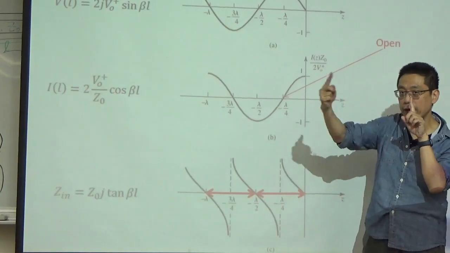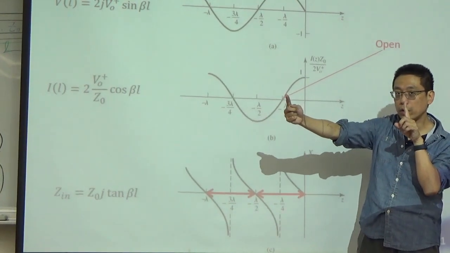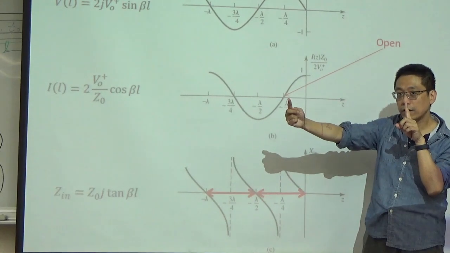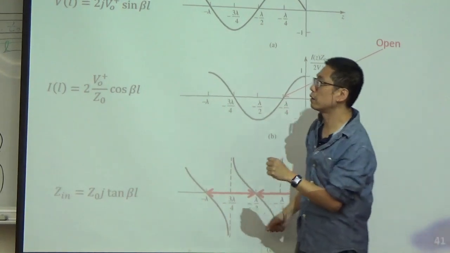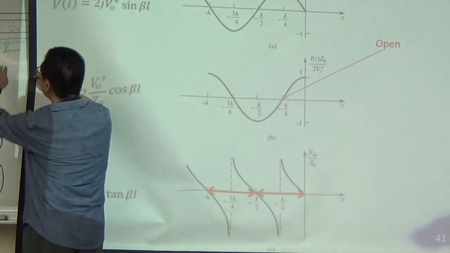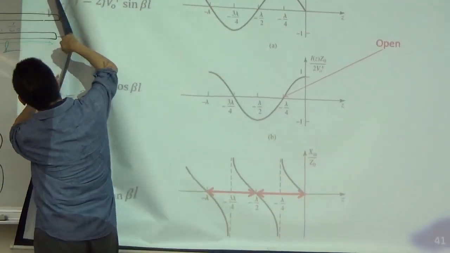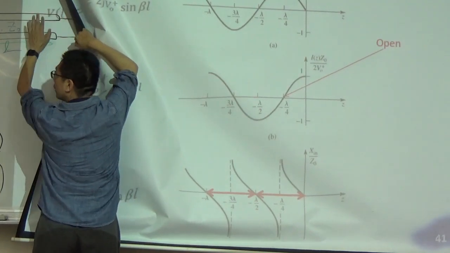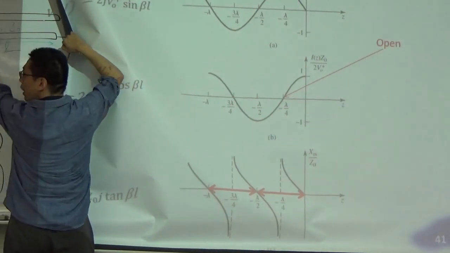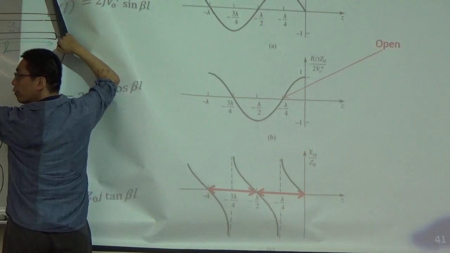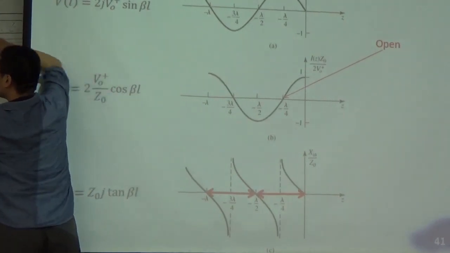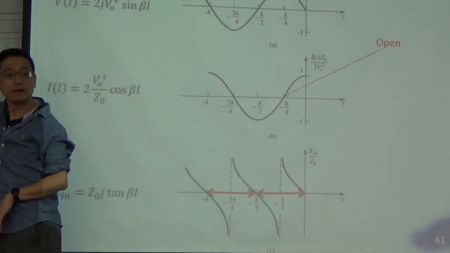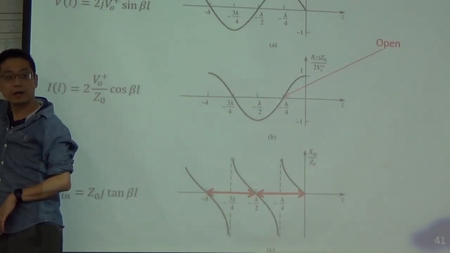If your line is a quarter wave transmission line and it is shorted at the end, and the length is lambda over 4, you will find that it is open at the other end. Interesting, huh?